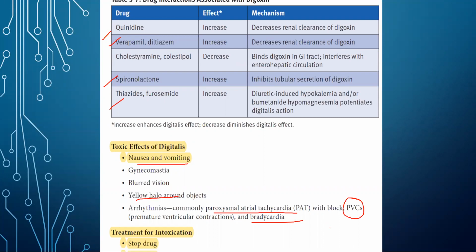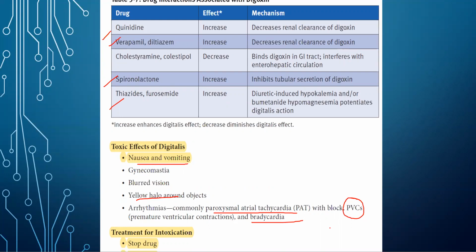So how do you treat digoxin toxicity? You look for the digoxin level. Sometimes even the digoxin level can be normal in toxicity, so the digoxin level cannot help you to diagnose toxicity, but normally you would check that. Whatever it is, if there is a sign of digoxin toxicity, you have to stop digoxin.